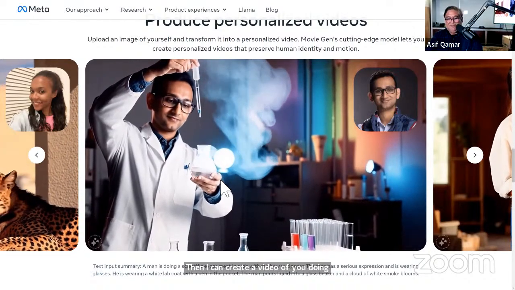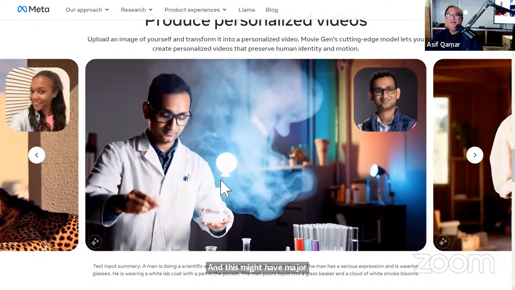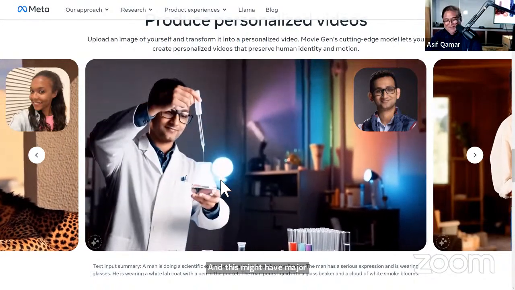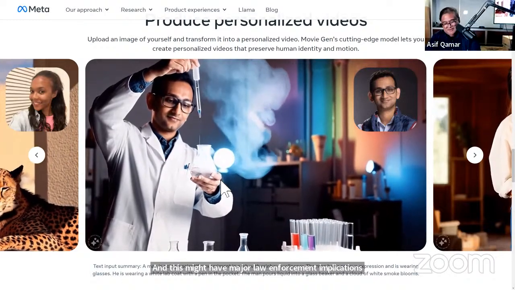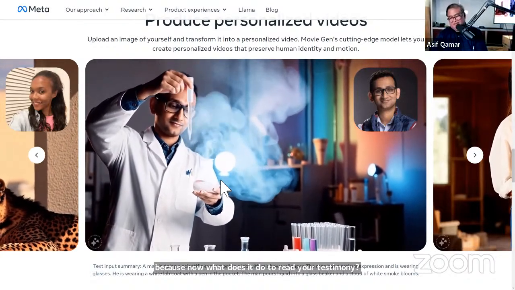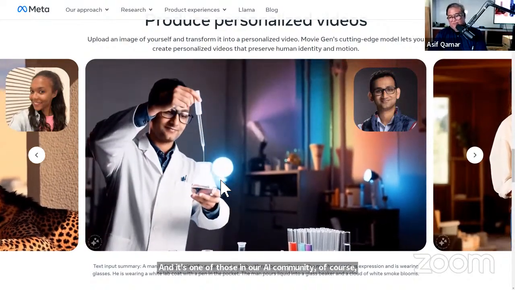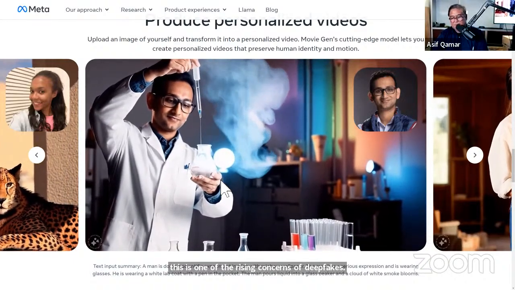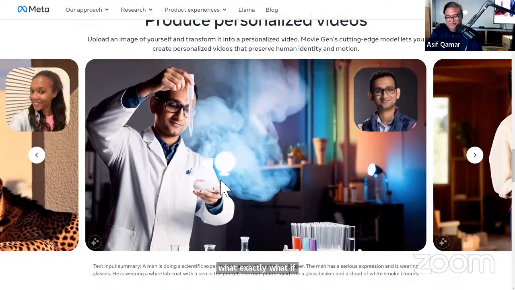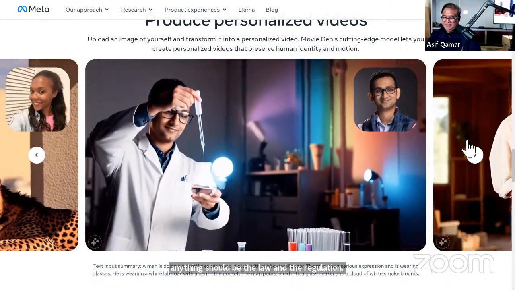And this might have major law enforcement implications, because now what does it do to video testimony? In our AI community, this is one of the rising concerns of deepfakes. What exactly, if anything, should be the law and the regulation to prevent abuse? I think that's still an ongoing conversation, and people are still figuring it out.